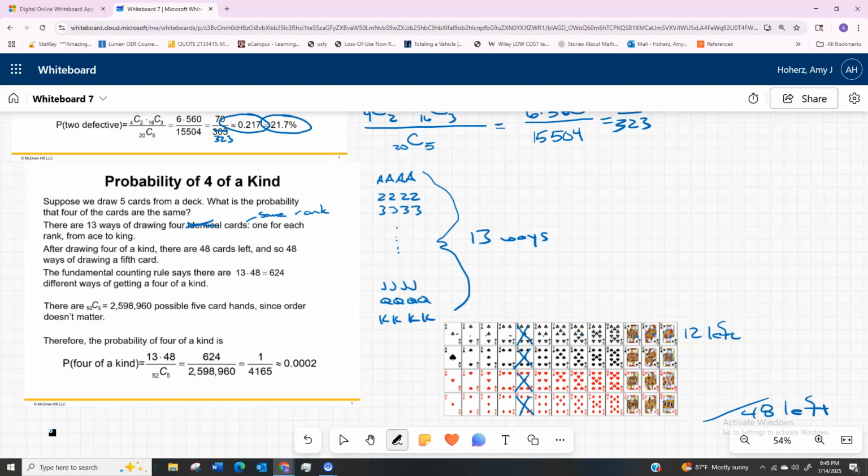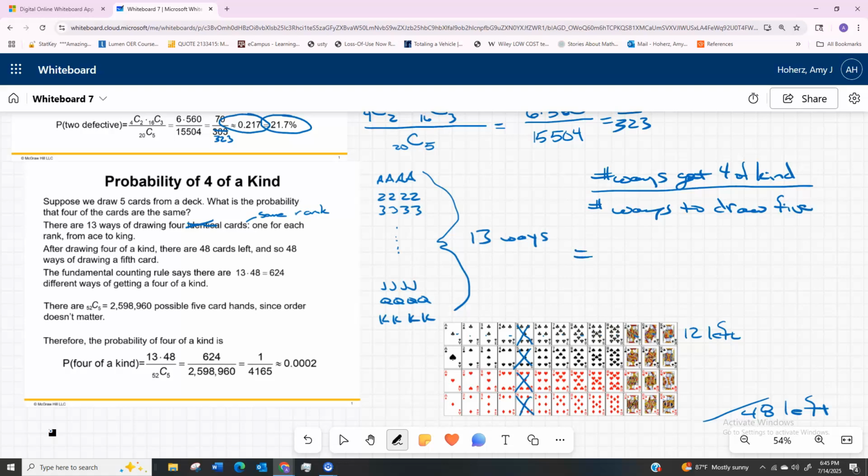So our top number is the number of ways to get a 4 of a kind. And then the bottom number will be the number of ways to draw 5 cards out of a deck of 52.